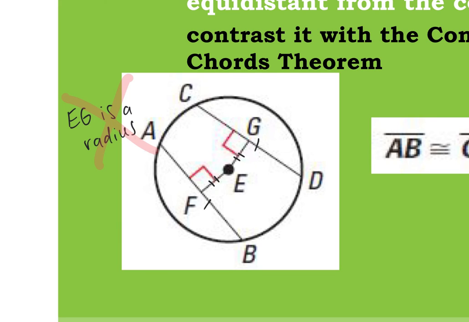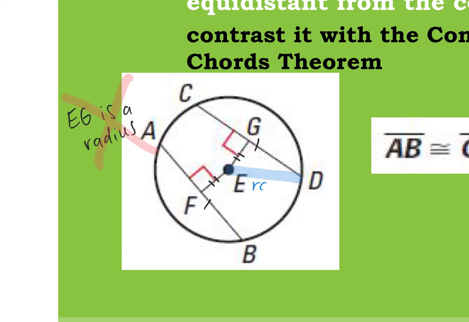Don't fall for that trap. A lot of students will see it going from the center to the chord and think, oh, that's my radius. But it's not, because in order to be the radius, it has to go to the edge of the circle. So draw a different line from E to D. Is that a radius? Yes. Do you guys see the difference there?